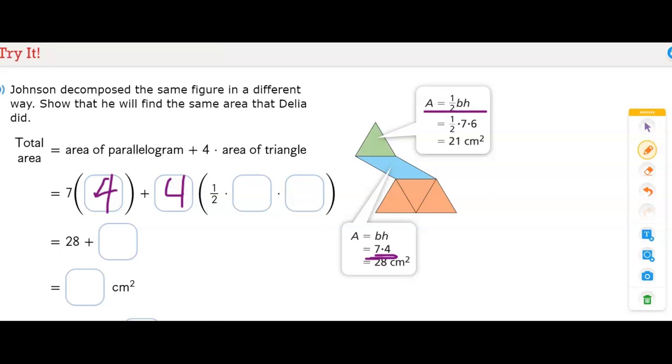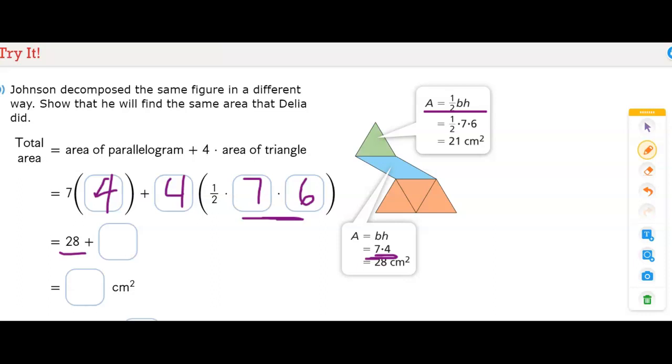So the base of the triangle is 7, the height is 6. So now 7 times 4 is 28, which they have here. And then 4 times 1/2 times 7 times 6. So first we need to do 7 times 6, which is 42. And then 1/2 times 42 is the same as saying 42 divided by 2.